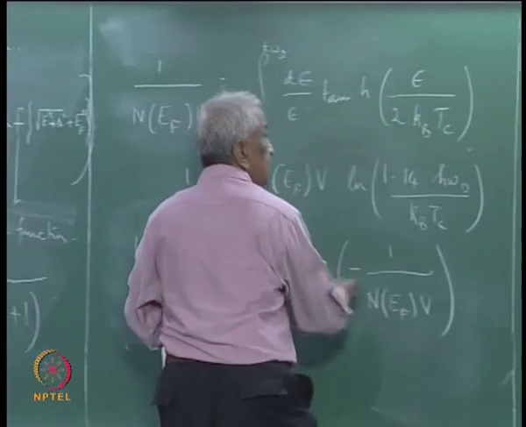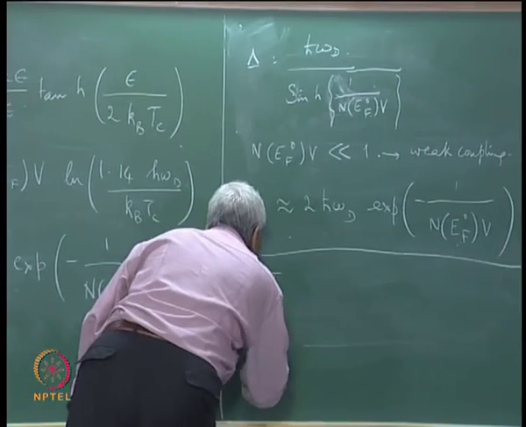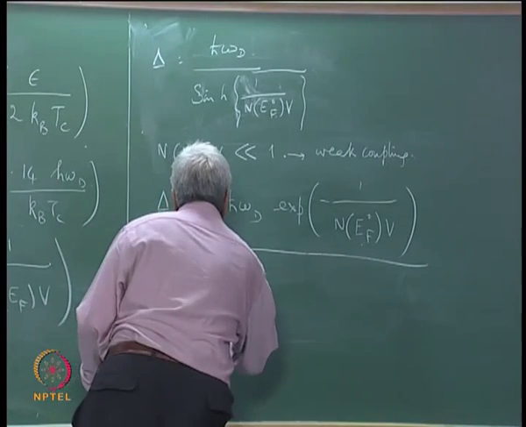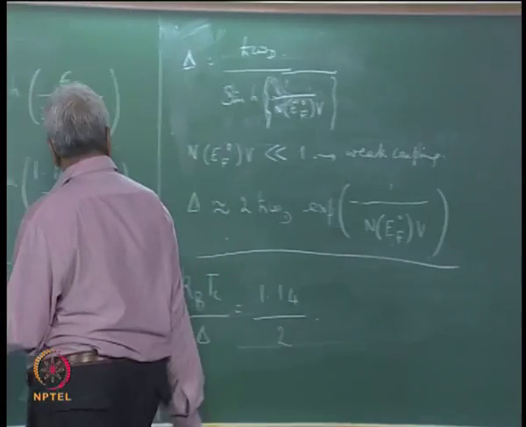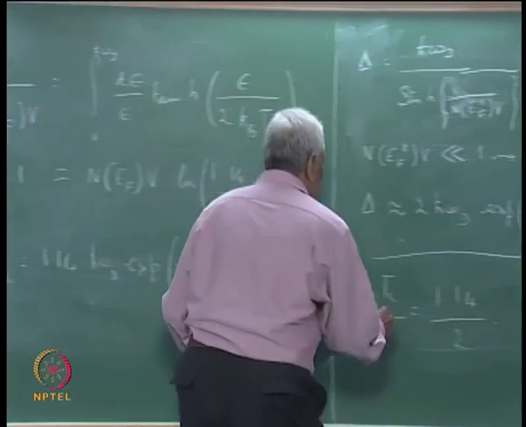Therefore, comparing these two, we can write the ratio of kBTC to delta as 1.14 by 2. Therefore, this is delta 0.